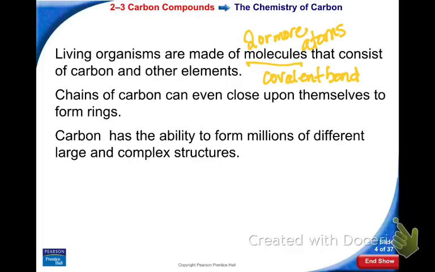And if we're going to consider it organic, it has to contain carbon. Carbon is amazing and important in the human body because of the millions of different types of structures it can make. Again, if I went too fast for you, pause the slide until you're ready to go on to the next. But is it necessary to write down everything? Nope.